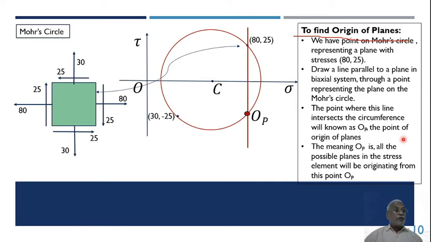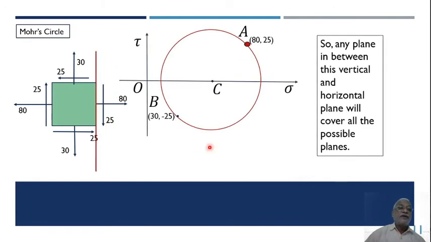The meaning of OP, now what is that representing? All the possible planes in the stress element will be originating from this point OP. Now here we have the number of planes over here. I'll try to show it here. So any plane in between this vertical and horizontal plane will cover all the possible planes.